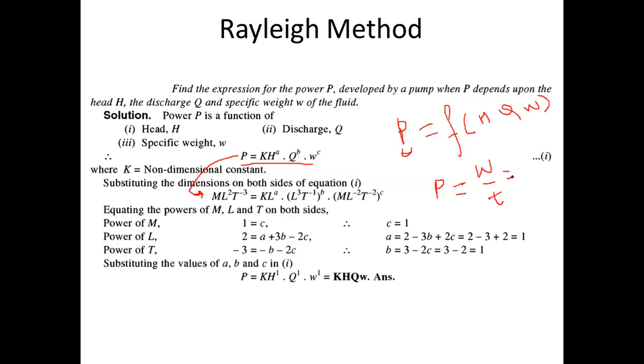Force into displacement, correct. So in the relation of power, force is still a derived quantity. Distance is L, time is T seconds, but force is still derived. We have derived the relation for force: force is mass into acceleration.